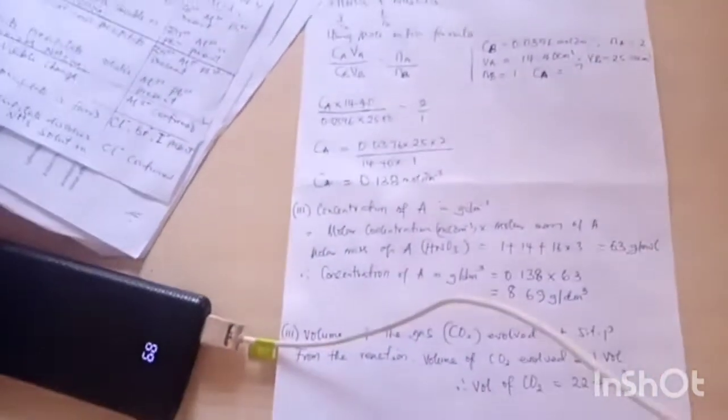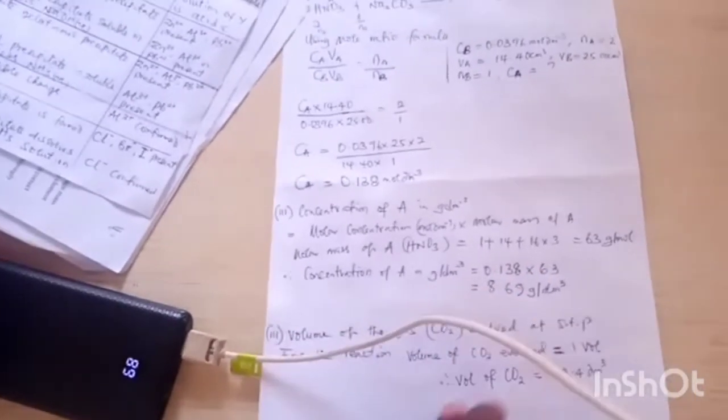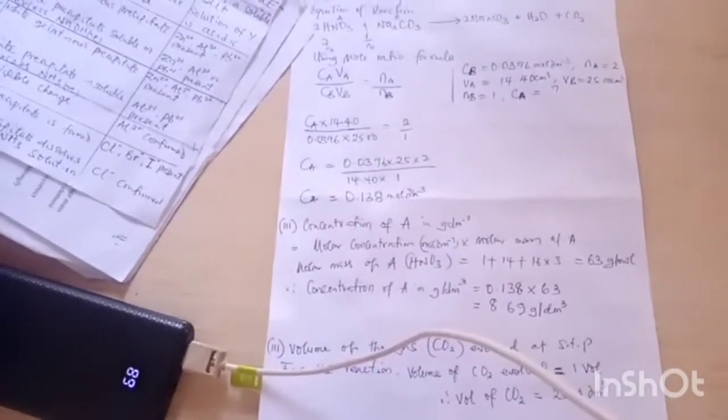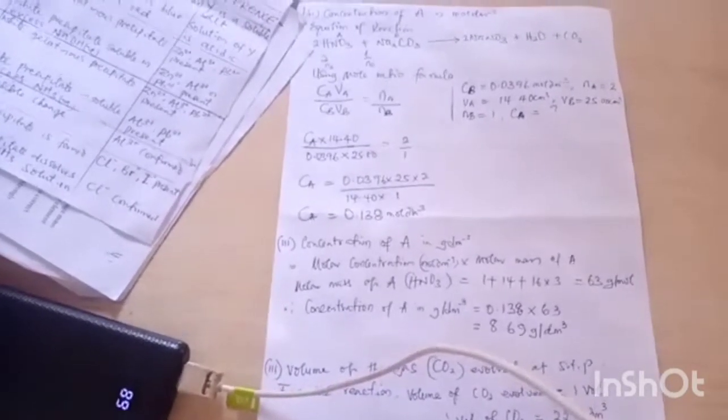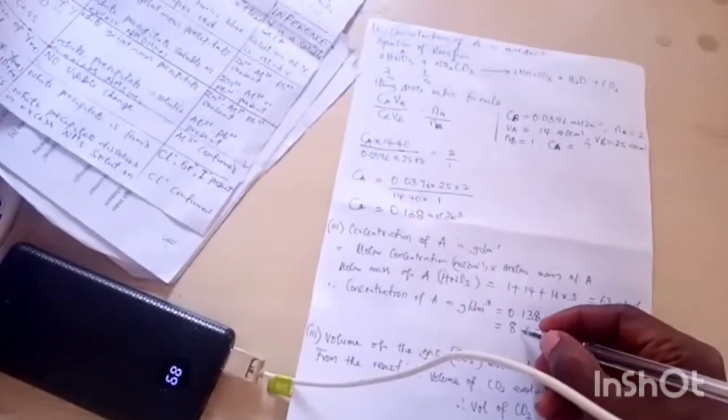Therefore, the concentration of A in g/dm³ will be 0.138 times 63, and that will give us 8.69 g/dm³.